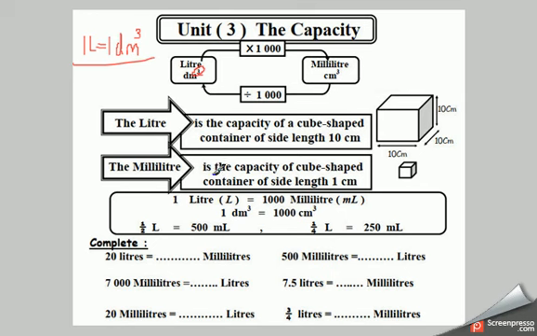The milliliter is the capacity of a cube-shaped container of side length 1 centimeter, so that I can deduce that 1 milliliter equals 1 centimeter cube.